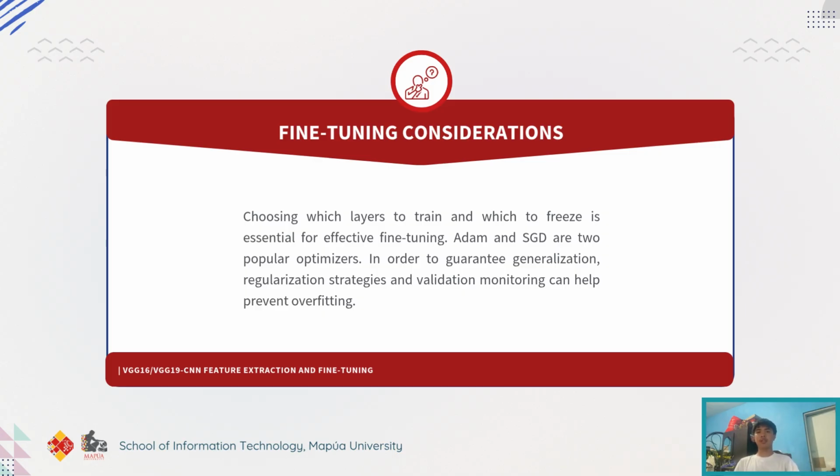Fine-tuning considerations. Fine-tuning is not just about unfreezing layers, it requires careful decision making. First, we must choose which layers to retrain, typically the later ones that capture task-specific features. Next, selecting the right optimizer is crucial. Popular choices include Adam for fast convergence and SGD for more control.